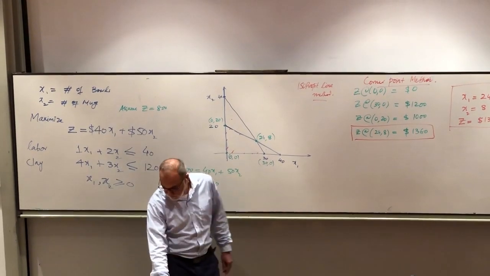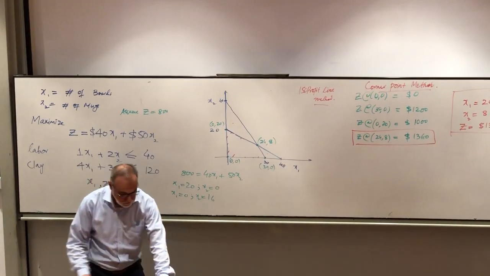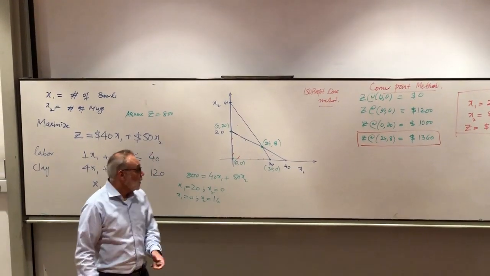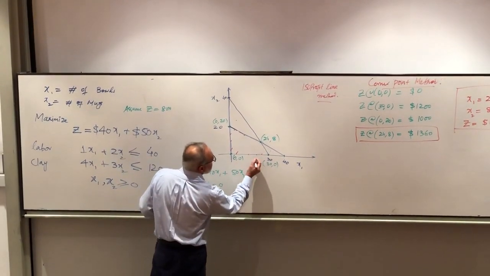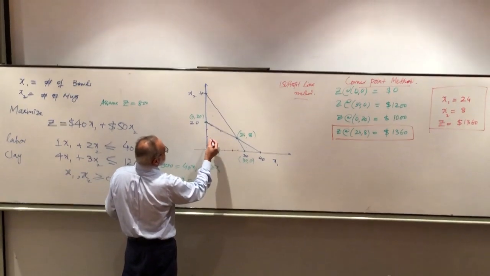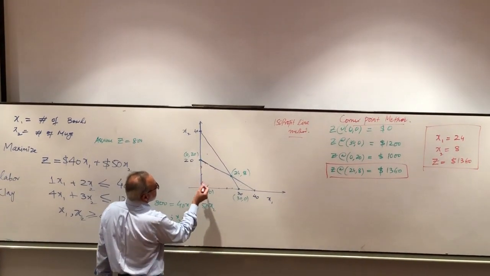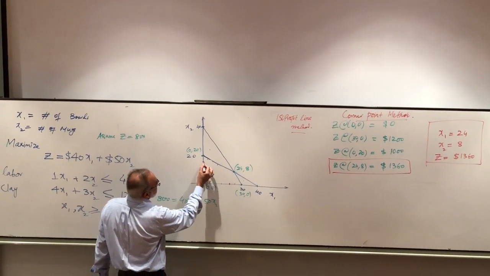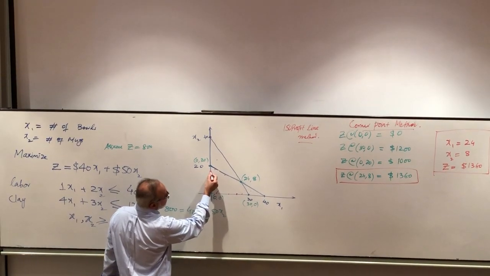And I will maybe use red color. These are the points, this is, let's say, 20 here, and this is about 16 here. We join these two points.